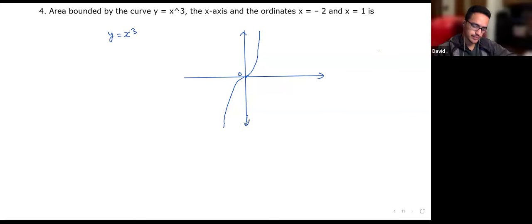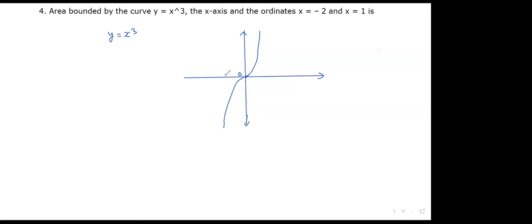x equals -2, here it is -2, and x equals 1, this is 1. So you have to basically find the area of this region. How will you do that?